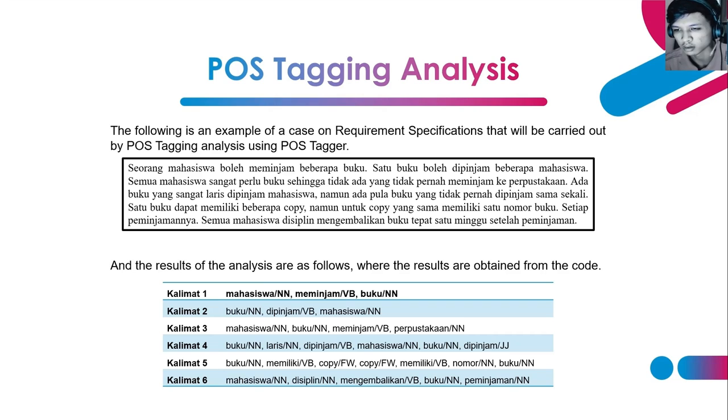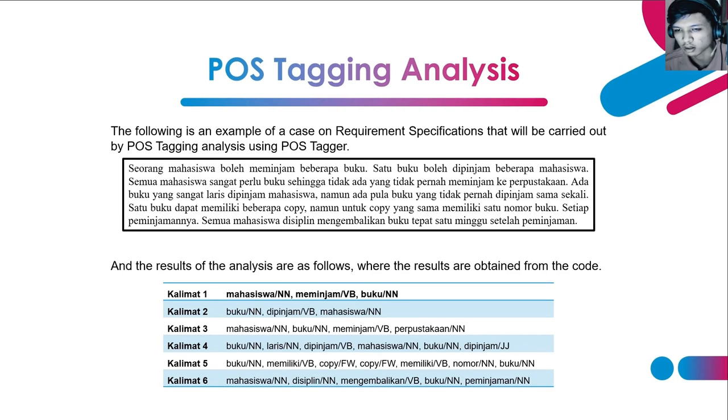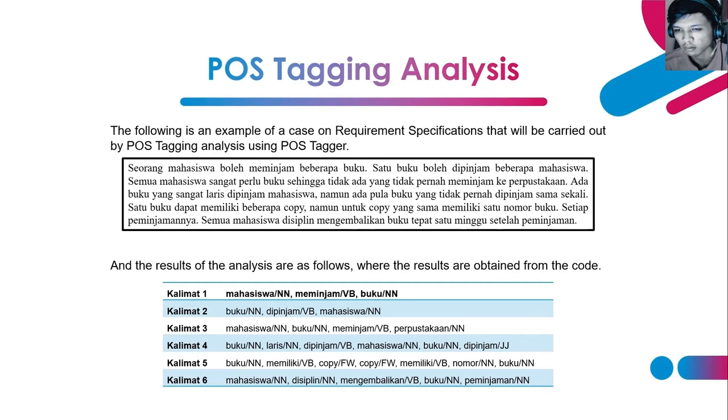In the table we can see that in sentence 1, the word mahasiswa has tag NN, the word meminjam has tag VB, and the tag of buku is NN, and likewise for the next sentences.